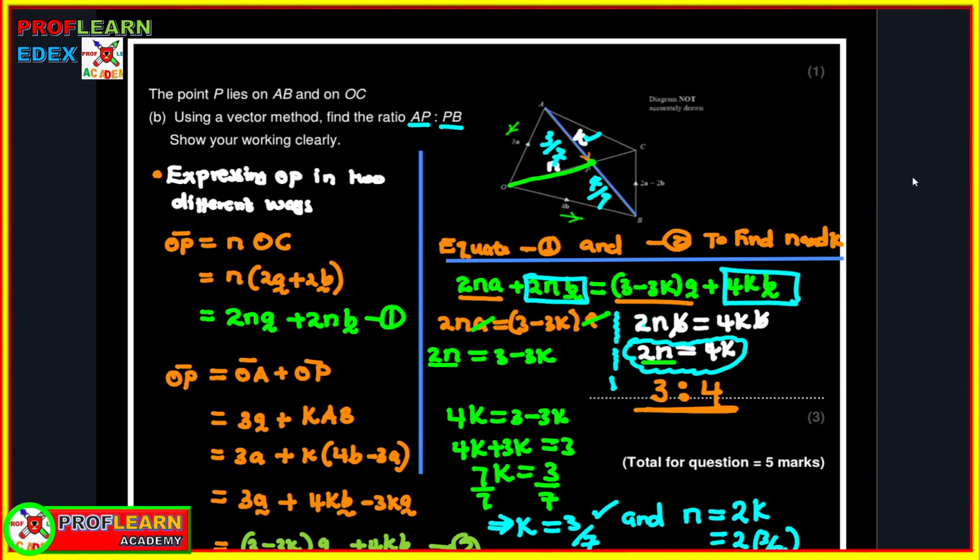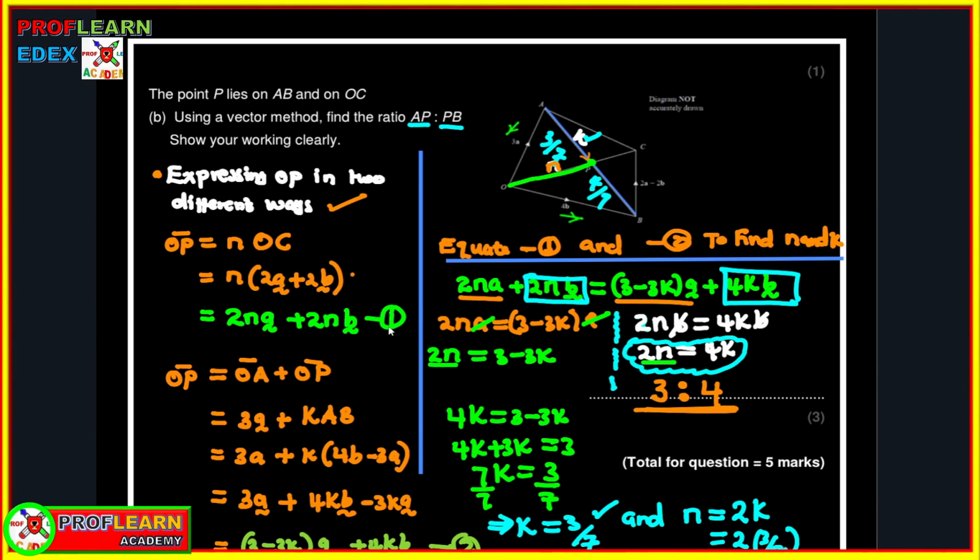Remember, to find OP, I decided to let N be a constant that multiplies OC, and K a constant that multiplies AB. So one way of getting OP is N times OC. There is a number you can multiply OC by in order to get OP. That is why I've written this step here.